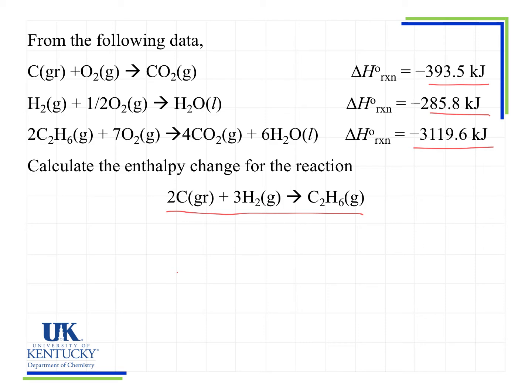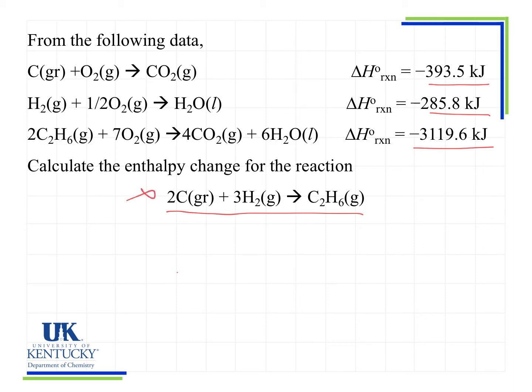So you just have to learn the basic rules, and then you can set up your equations and find the enthalpy. So what you need to do is look at your desired reaction, like the reaction that you're trying to find the change in enthalpy for, this one.